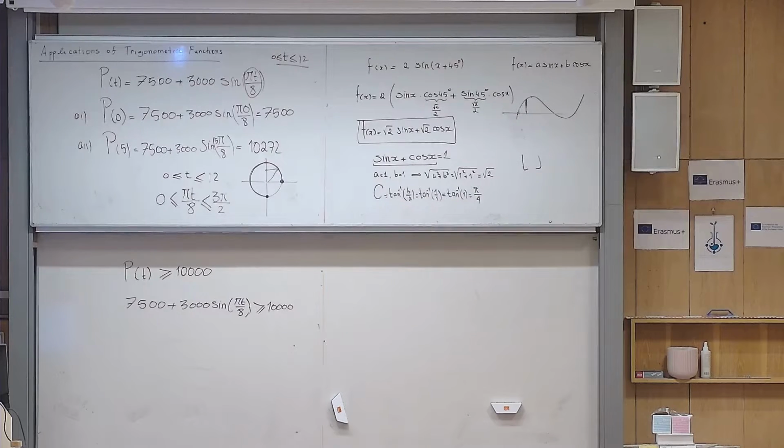It is y equals 7,500 plus 3,000 sine of pi multiplied by t. By the way, the weakness of GeoGebra is that if you want to do the graphical view, you have to put x, I think. Okay, so instead of t, I put x, then I go to 8.